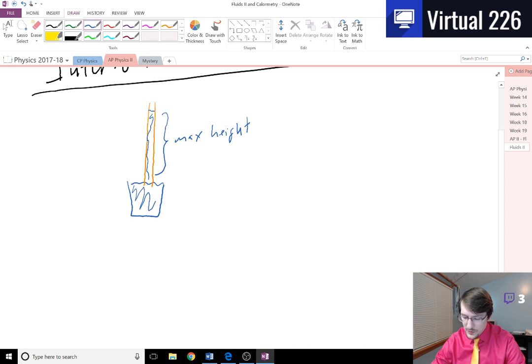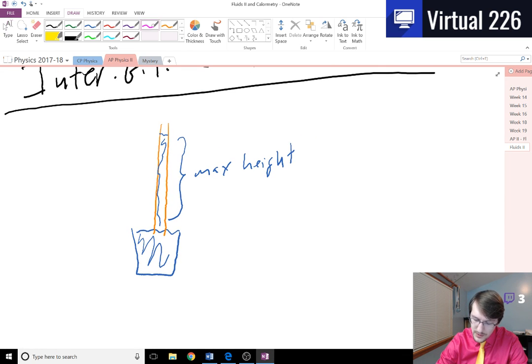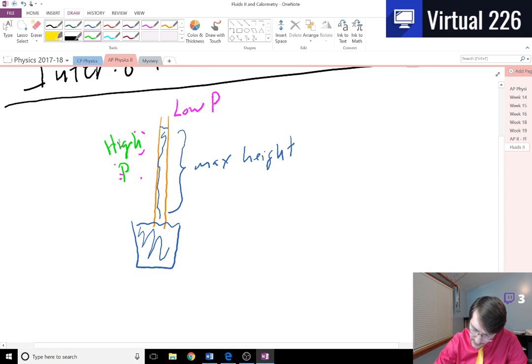What we have to do is we first have to think about how straws work. The way a straw is actually working, or a pump is working, is you are creating a low pressure up here, and since there is outside of it an atmosphere, which is a high pressure, this high pressure is actually going to be pushing on the water.